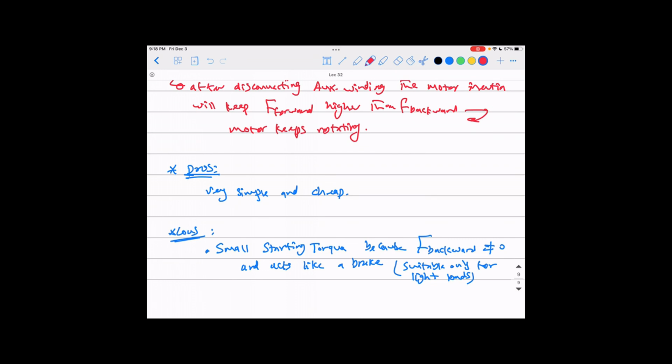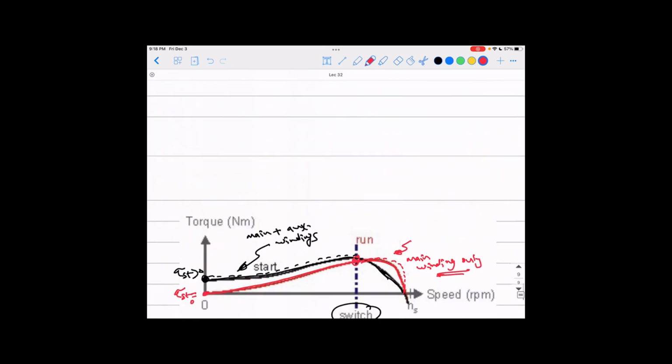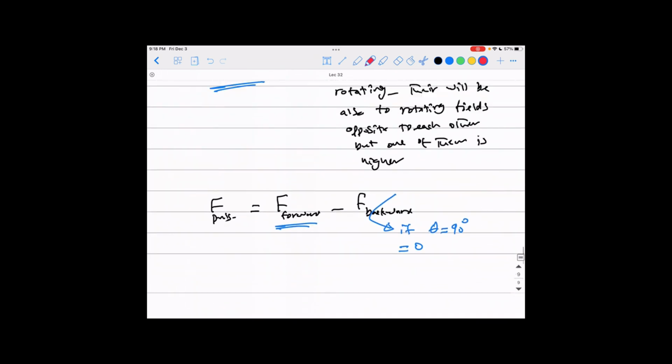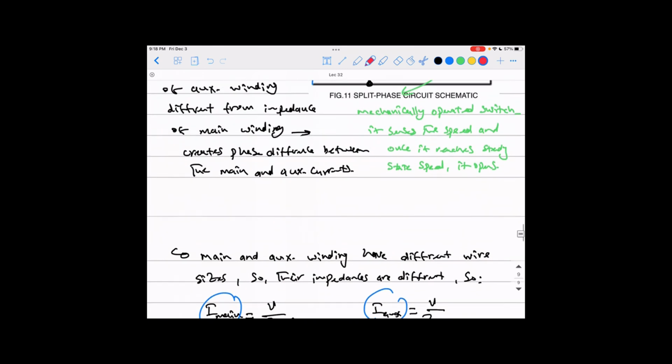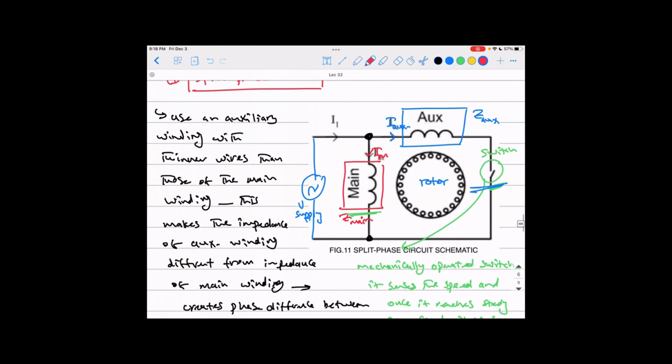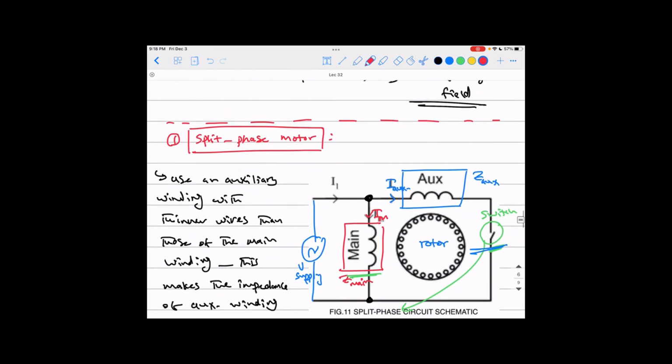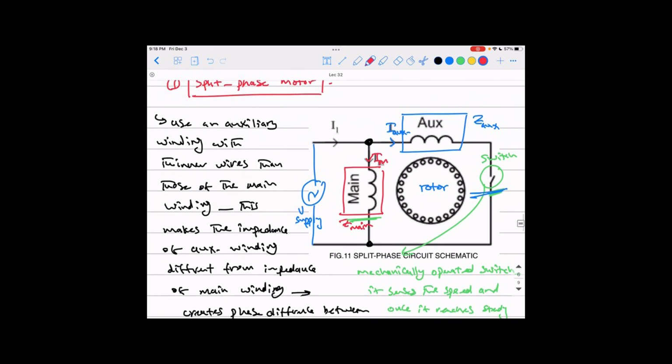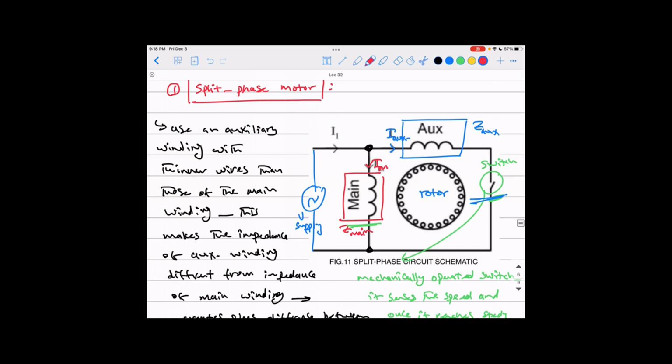Okay, guys? That was the first method to use. Just use an auxiliary winding with thinner cross-sectional area and use a mechanical switch with it to switch it off after you pass the starting period. It's good enough for the light loads on smaller motors.